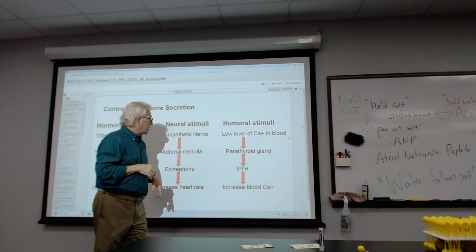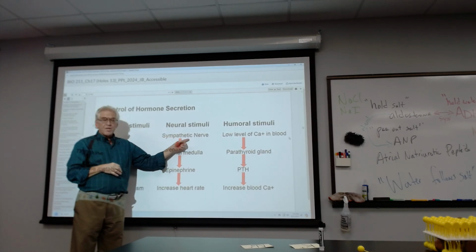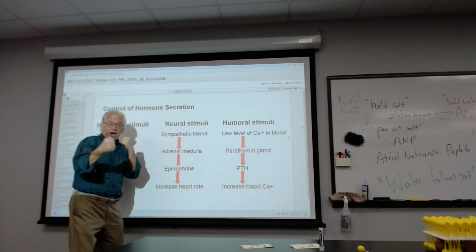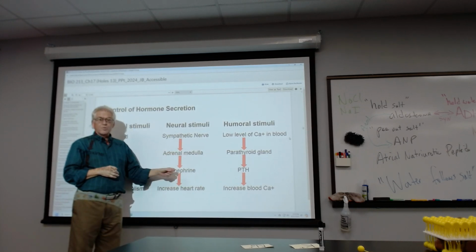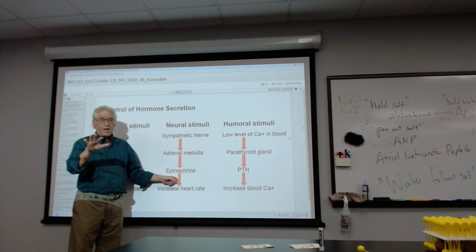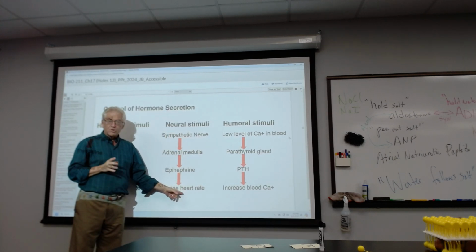Okay. This is the easiest one. Your sympathetic nerve, your fight or flight nerve, tells the adrenal medulla to release epinephrine, which is your fight or flight hormone. Done. But it's a nerve telling you to release a hormone.